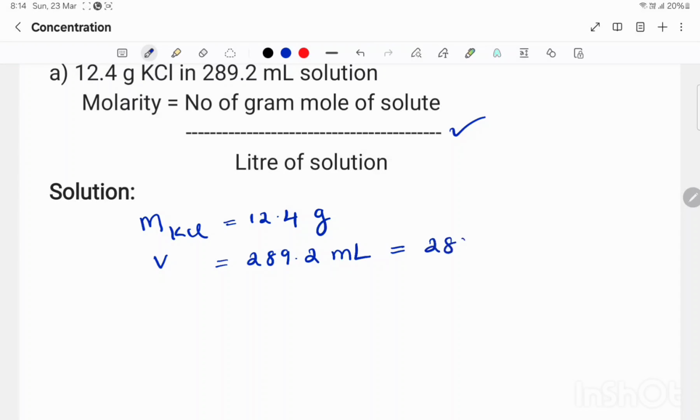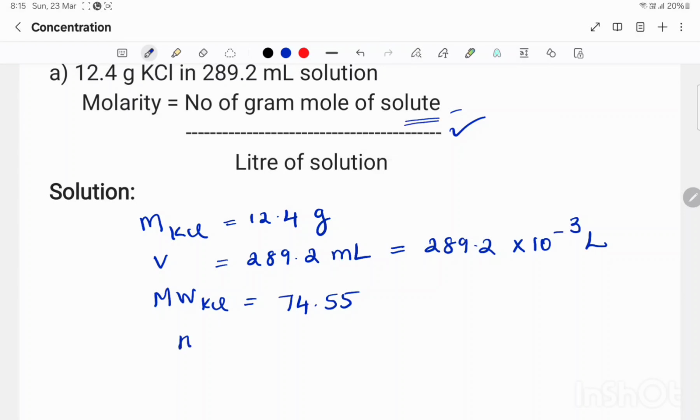So 289.2 into 10 raised to the power minus 3 liter. Molecular weight of the KCl is 74.55. So the formula is number of gram moles of solute by liter of solution. First we need to calculate the number of gram moles of solute.